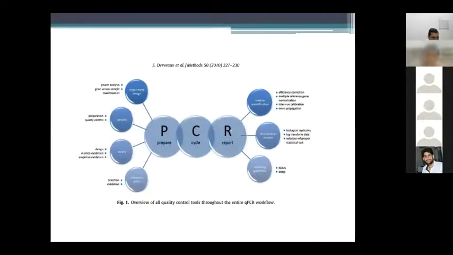So for designing a PCR reaction, you must understand the PCR workflow: prepare, cycle, and report. For preparing, the experimental design covers gene versus sample, maximizing preparation and quality control, in silico design and validation, and selection and validation of the reference gene.